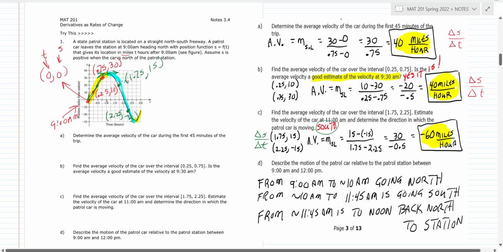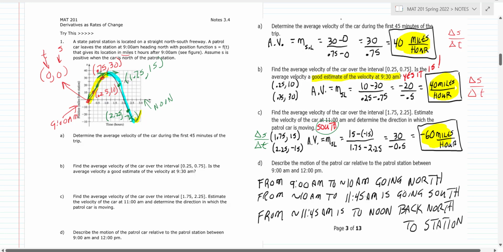Then from time equals 1 all the way to 2.5, so that would be 10 a.m. to 11:45, you're going south. And then for this brief time, from 11:45 to 3 hours, it looks like you're going back north, heading back towards the station.